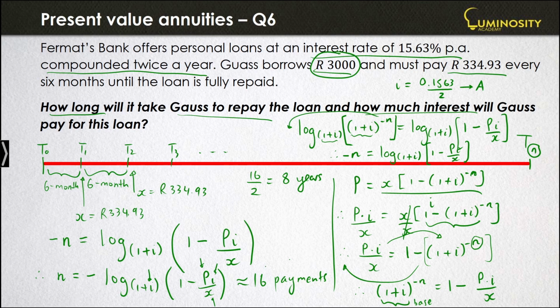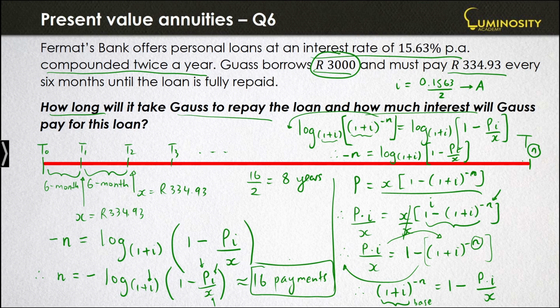That'll give you a total of the 16 payments that we are interpreting from this solution. Because remember, when you look at the time period, it's telling you how many 6-month periods. There are 16 6-month periods. Yes, so that means 8 years in terms of this. Okay, so that's how long it'll take Gauss to repay the loan.